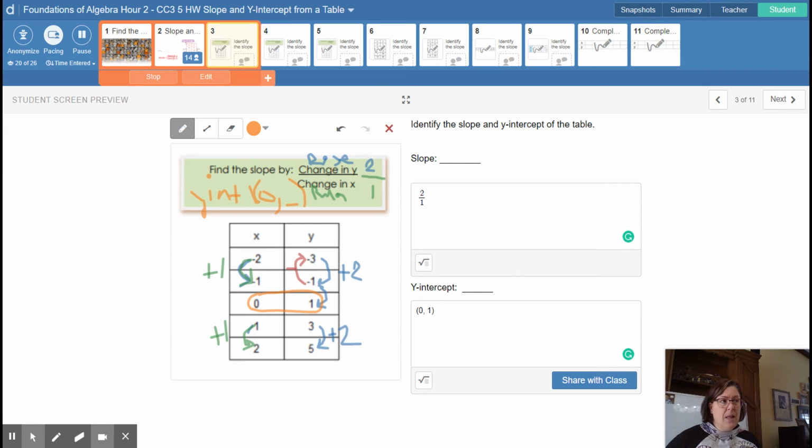I will leave my slide 3 up. Copy my slide 3 onto your Desmos slide 3. And then in a moment, I will open up slide 4.